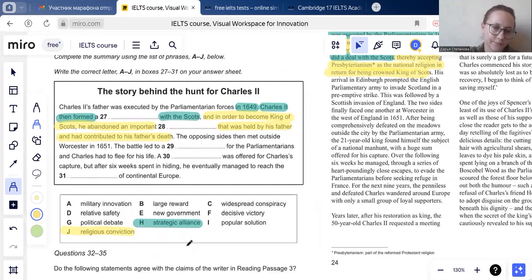I see. Okay, this is F. Sofia Kamenshikova. The battle led to this is a victory for parliamentarians, and Charles had to flee for his life.